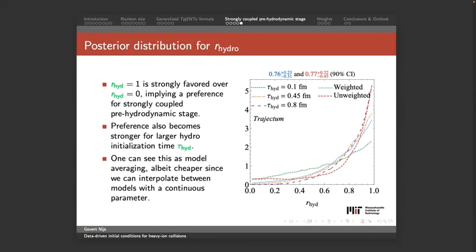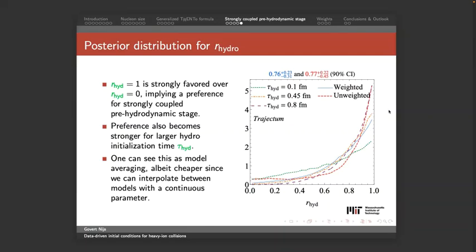So what do you get in your posterior? What you immediately see is, remember, 0 corresponds to free streaming and 1 corresponds to using the AdS/CFT inspired result. You see there's a very strong preference for the AdS/CFT value.